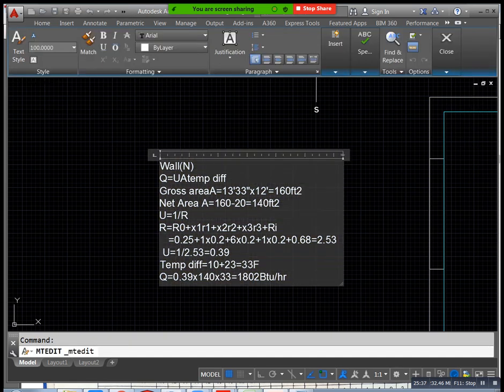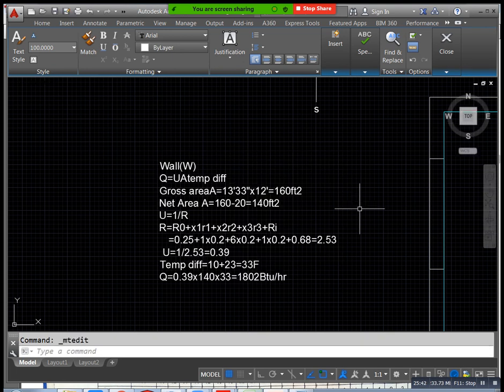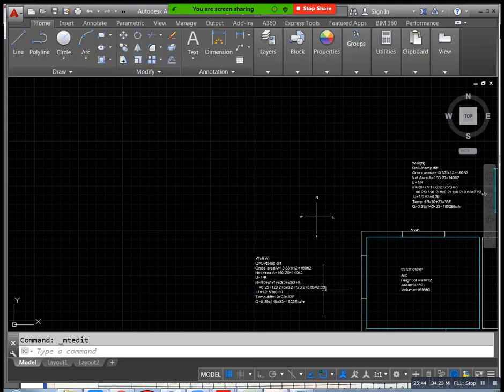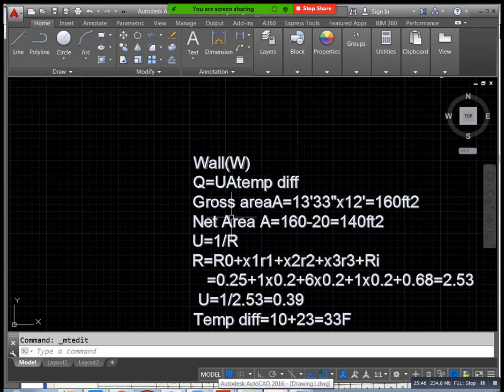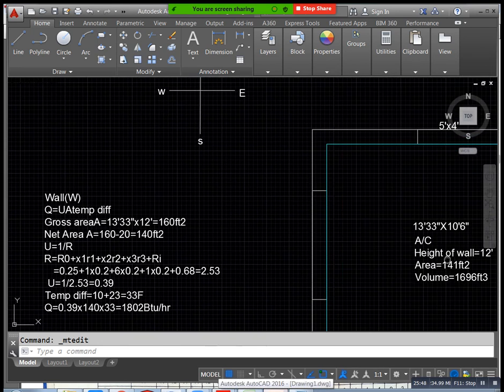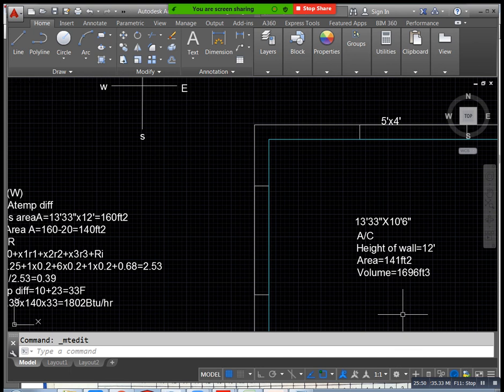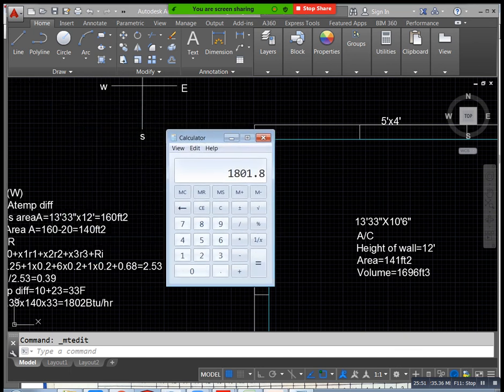Here you can mention 10 feet 6 inch. Now you can see 127. Here you mention 127 minus 20, you are getting 107. Already the U factor is the same, both are outside walls.